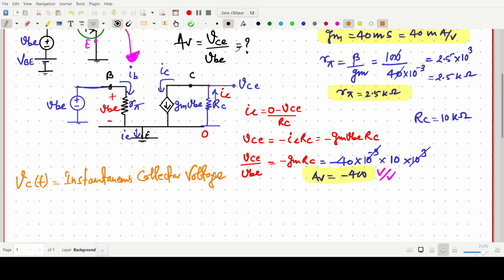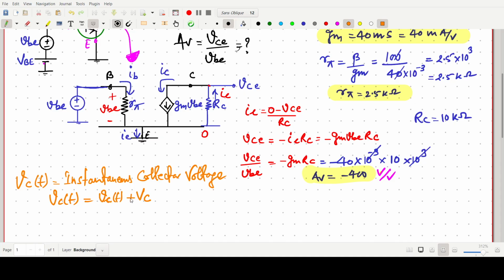So basically this instantaneous voltage has some AC component VC of T plus DC component V capital C. This is a standard notation I have already discussed in my theory video.